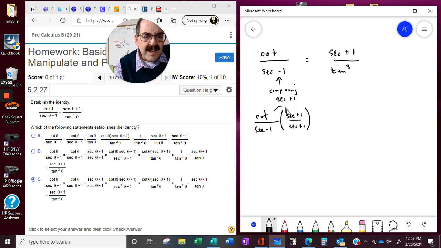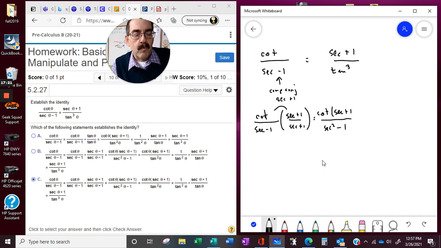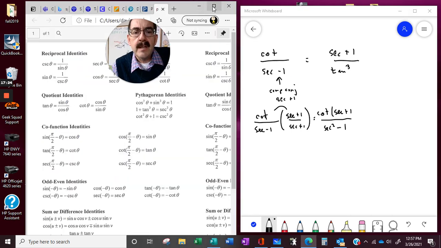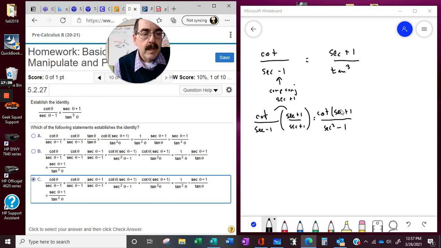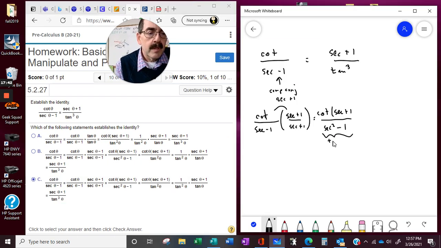That times that, we're going to get cotangent times secant plus 1 over secant squared minus 1. Now, secant squared minus 1, is that an identity? Secant squared minus 1 is tangent squared.